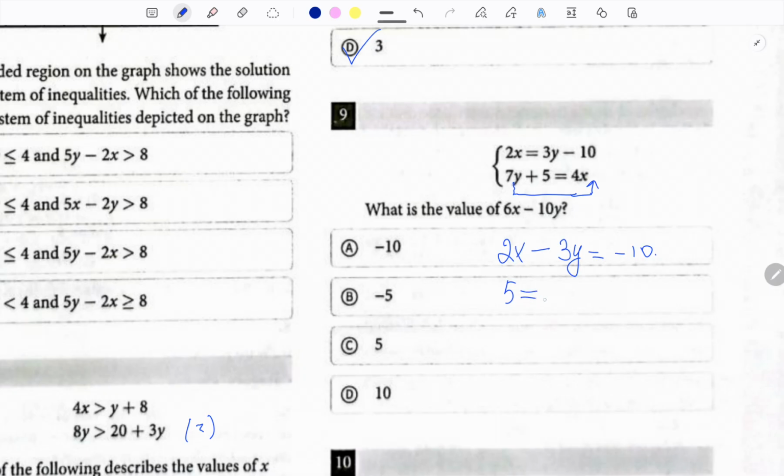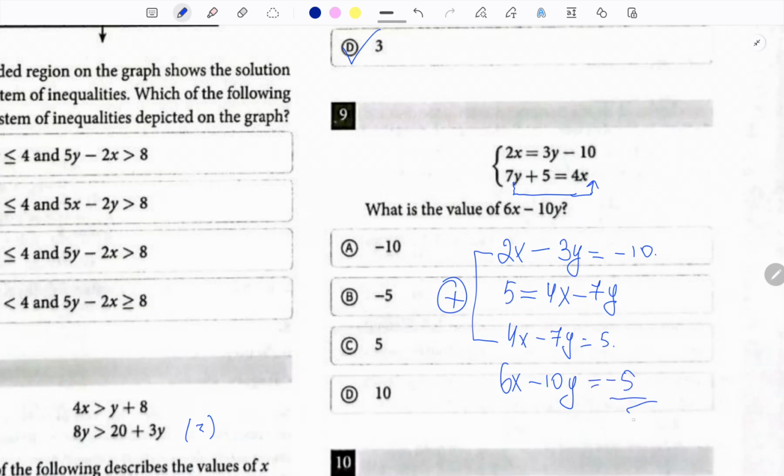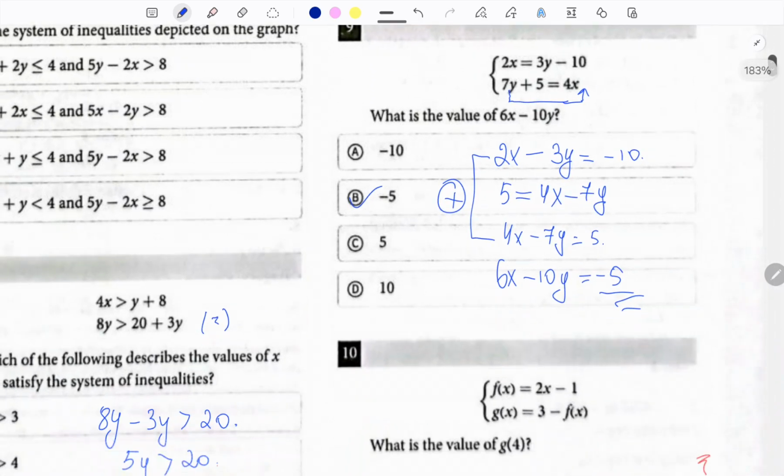We will get 5 is equivalent to 4 times x minus 7 times y. So we can also write it like 4 times x minus 7 times y is equivalent to 5. And let's add these equations together. Then we will get 6 times x minus 10 times y is equivalent to negative 5. So the correct answer is B.